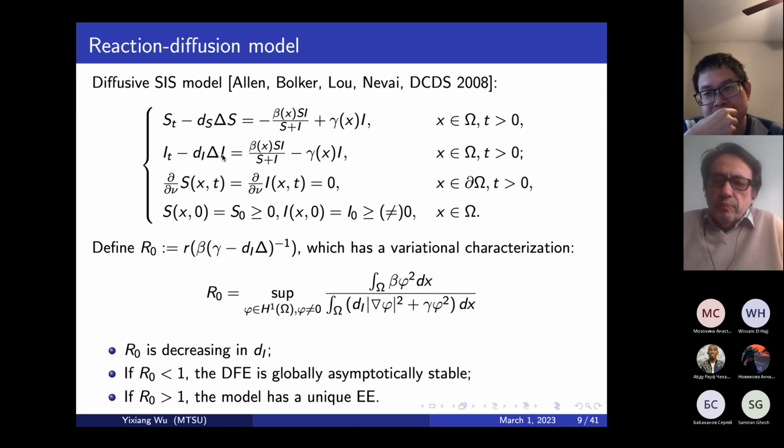Then the principal eigenvalue is simple and the corresponding eigenfunction is positive, and so on. But suppose this condition is not satisfied and your matrix is reducible. Then what would you expect in this case?